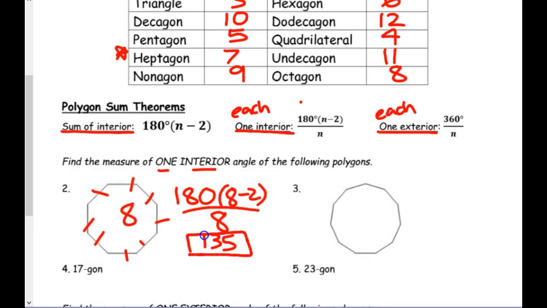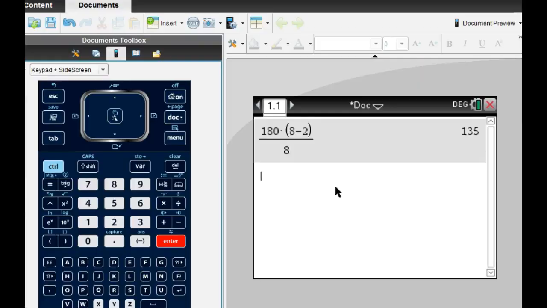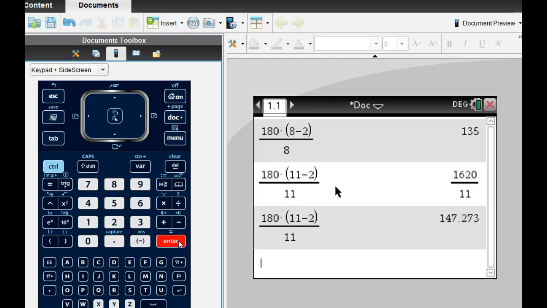Is our answer there? Number 3, 1, 2, 3, 4, 5, 6, 7, 8, 9, 10, 11-sided figure. So we'll do 180 times 11 minus 2 divided by 11. Let's actually hit Control Enter. We get 147.27.